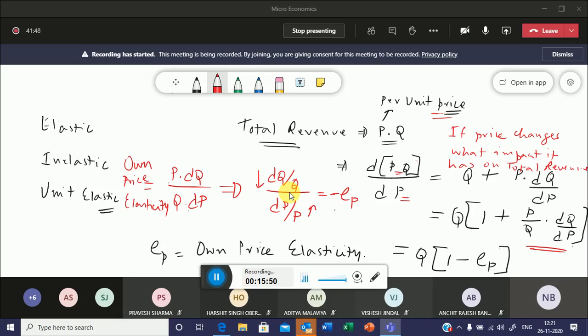Because if you are an entrepreneur, you will do due diligence before you actually increase the price, because you know that if you were to increase the price, two things can happen. Either your profit will go up or your profit may come down. Now why may it come down?